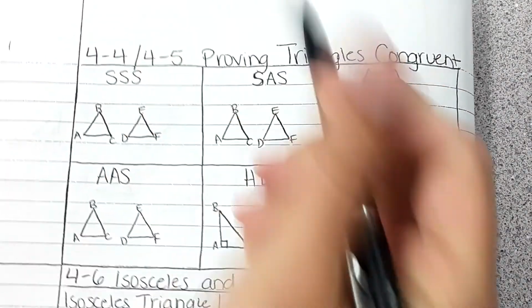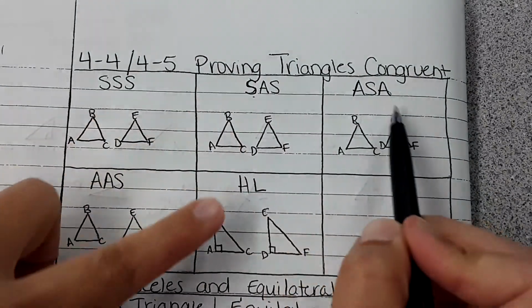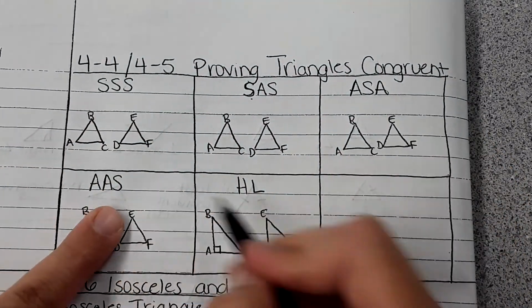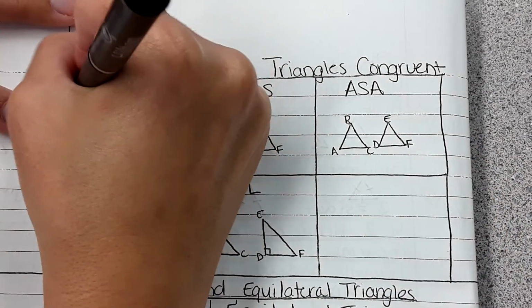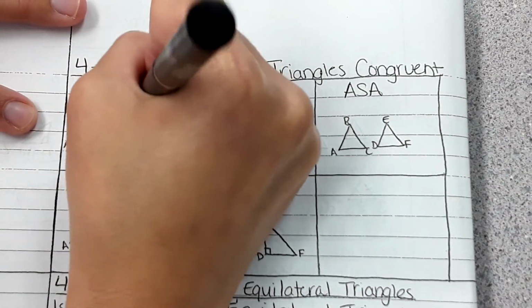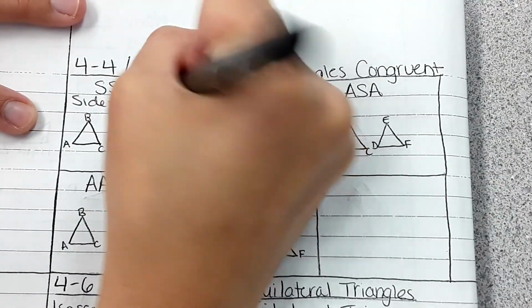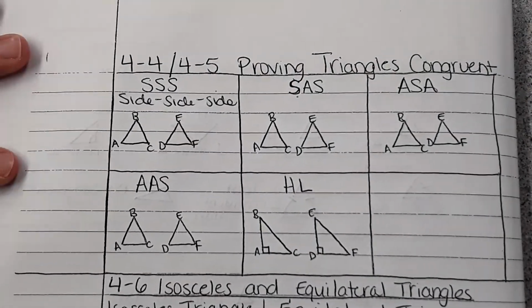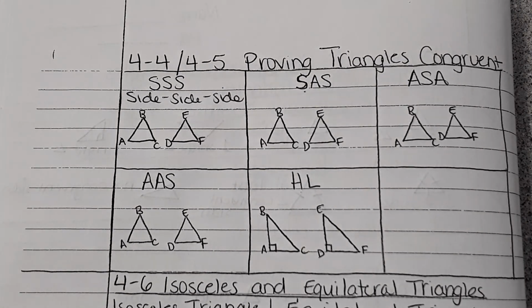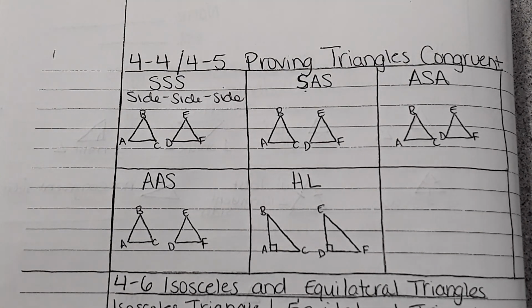Here you have abbreviations: SSS, SAS, ASA, AAS, and HL. What these stand for, and the first one is side, side, side. So what does that mean?